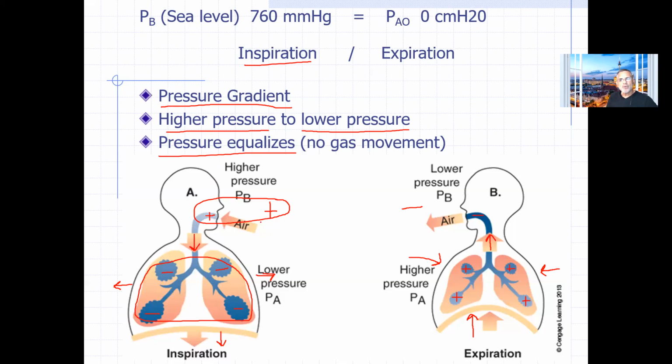During inspiration, pressure is higher outside than inside the lung, so gas will go from a higher pressure to a lower pressure into the lung. During exhalation, pressure is greater inside the lung than outside once the diaphragm and intercostals relax, and that will move gas from inside the lung to outside.